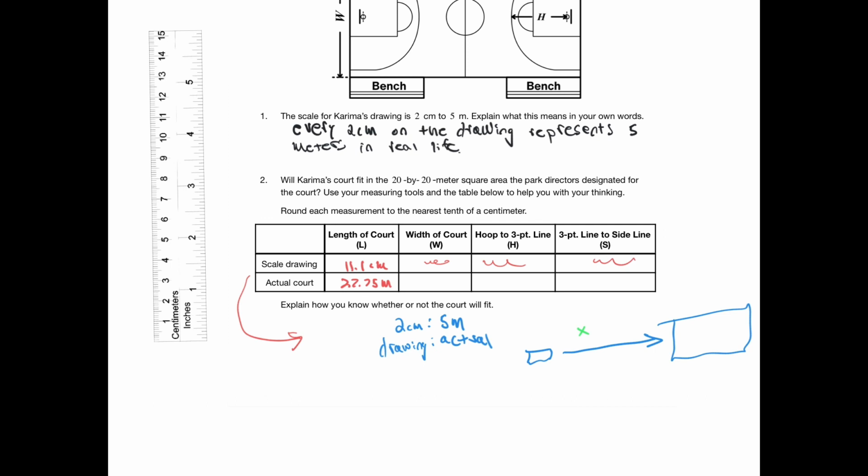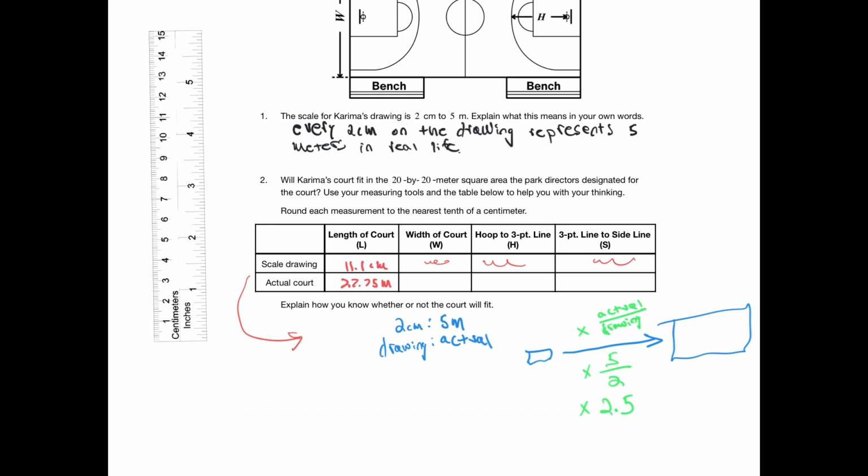And to do that, you do the number that you're looking for, the actual, divided by the number you have, which is the drawing. So my scale factor is going to be 5 over 2, or you could say it's 2.5. So that's also called the unit rate.